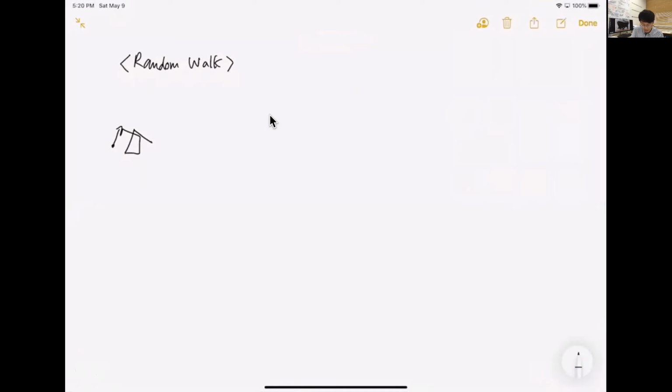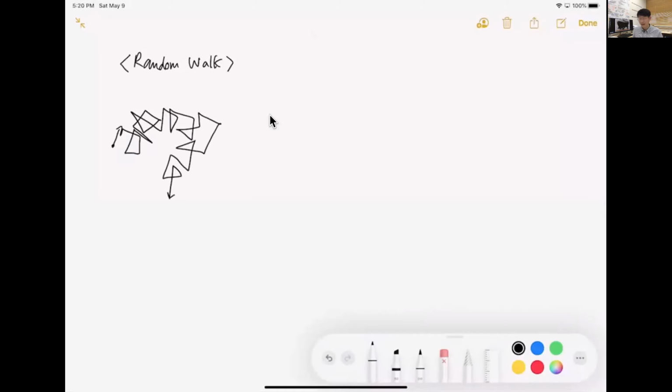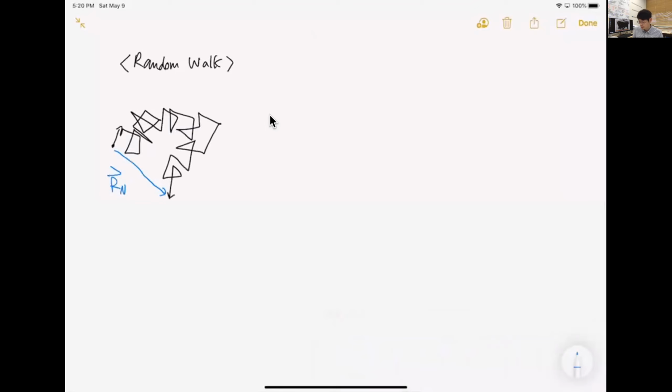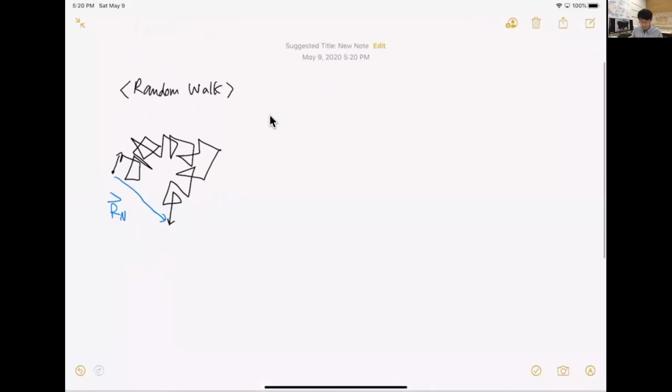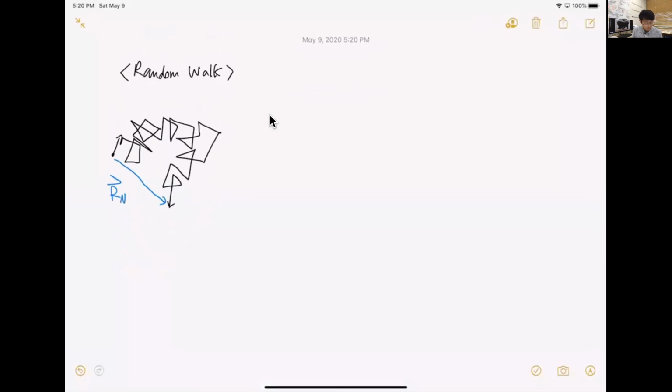So any time with constant displacement with different length. So let's say like this. After the nth step, from 0 to n, this is a resultant vector, the displacement vector. We want to apply these rules of random walk.